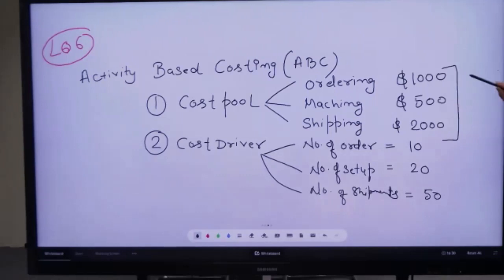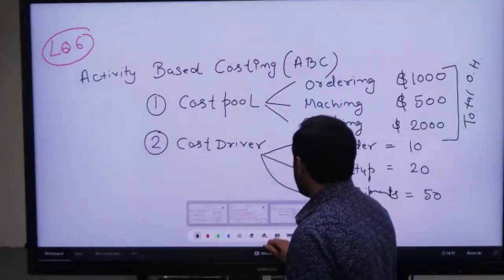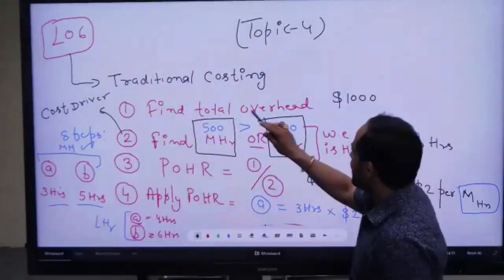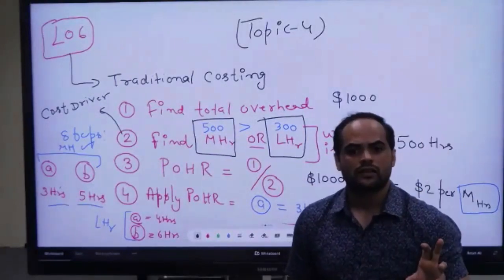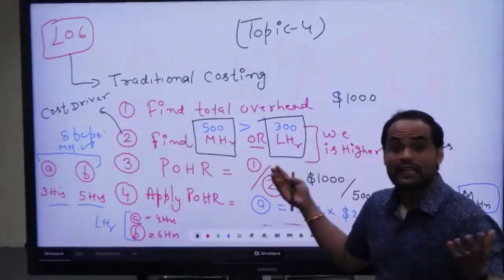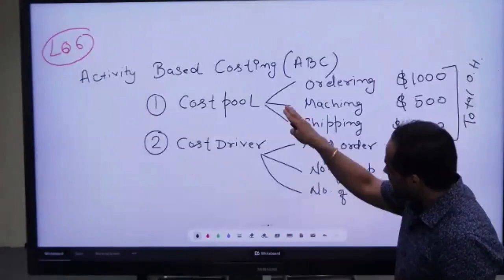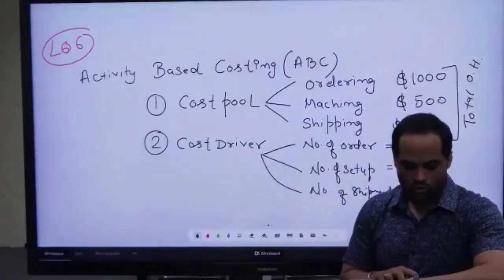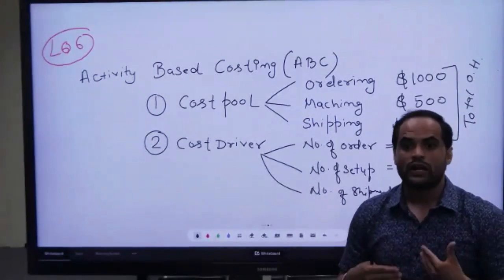If you add them all, that also becomes your total overhead, like in traditional costing. But in traditional costing, we don't care about categories. Why? Because we don't care about activities. In activity-based costing, we go in very detail.